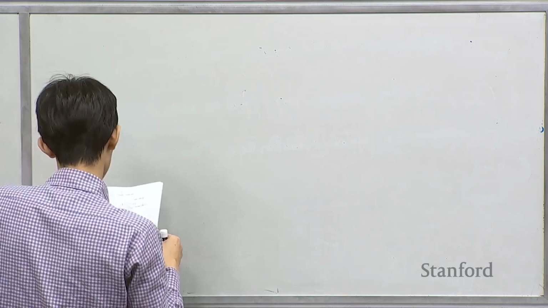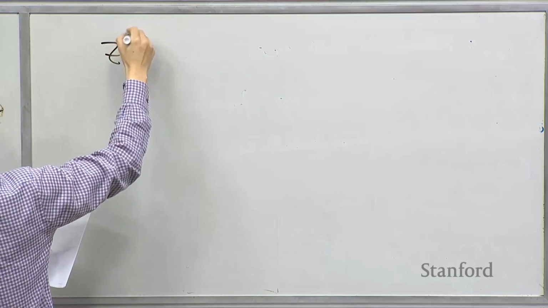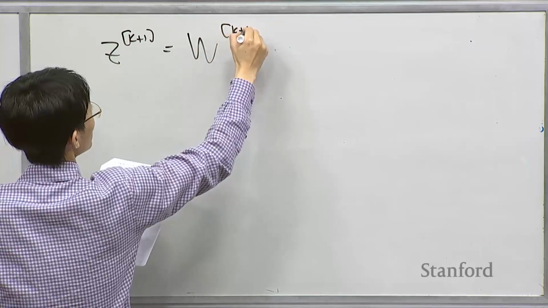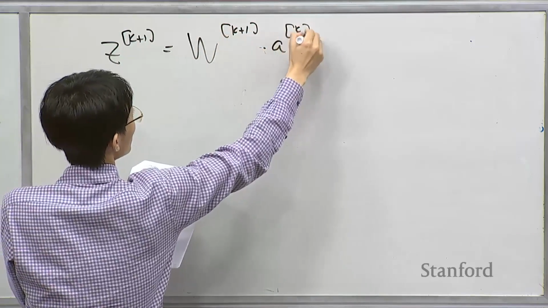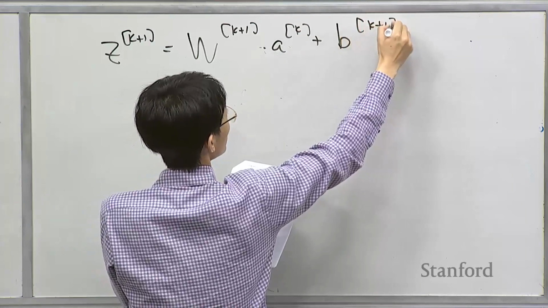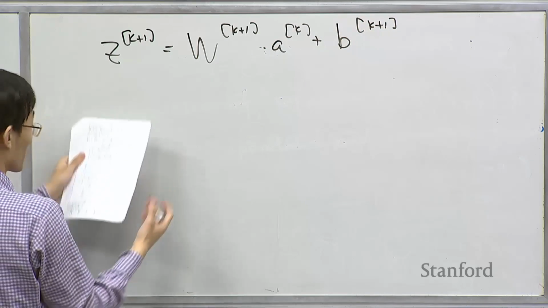If you don't know the derivative with respect to AK, then you have to see how AK is involved in this whole computation. AK is used to compute ZK plus 1. So ZK plus 1 is equal to WK plus 1 times AK plus BK plus 1. This is the first time AK is used, and the only time AK is used.